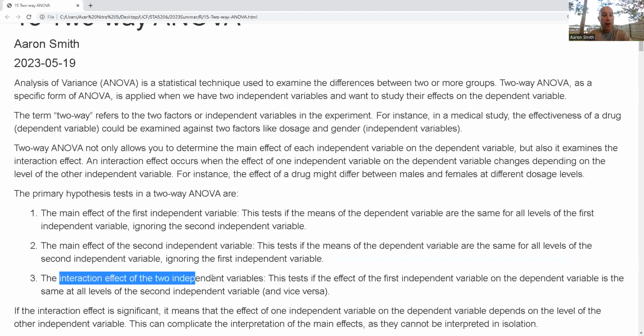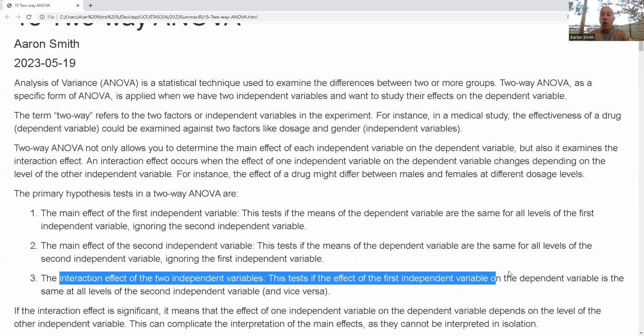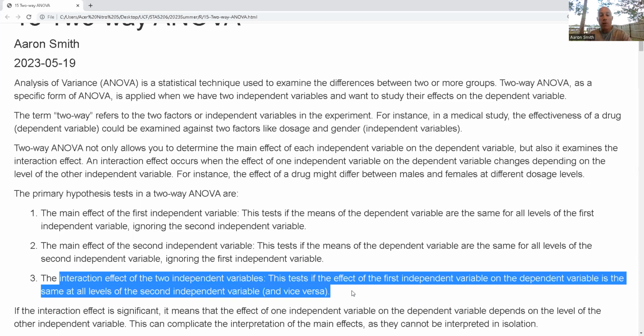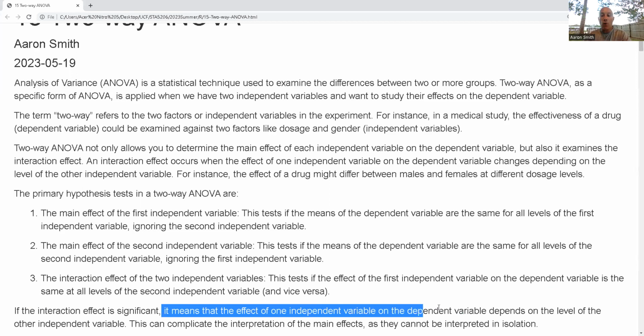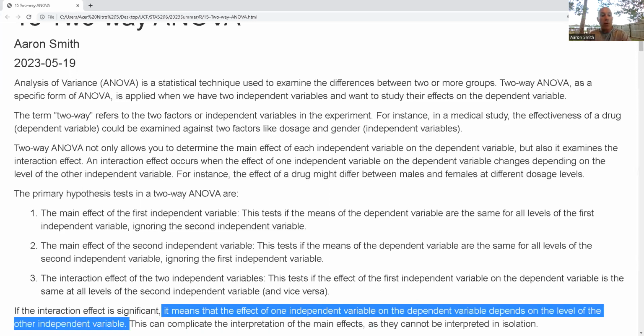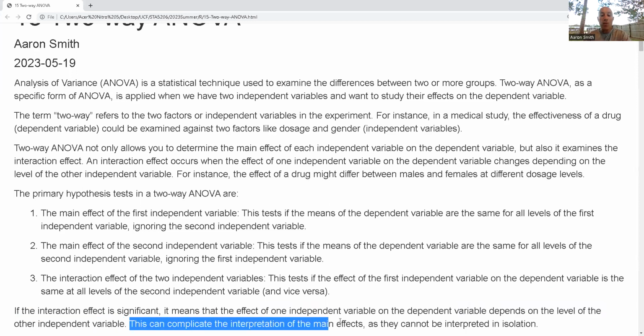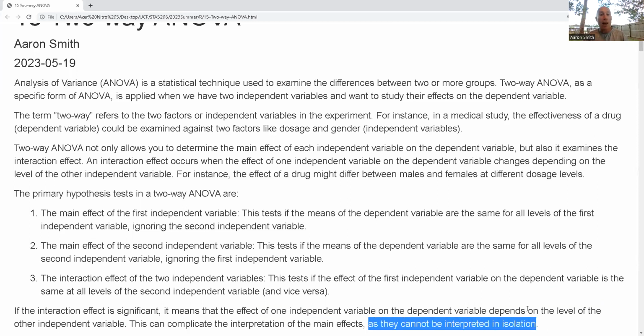The interaction effect of the two independent variables tests if the effect of the first independent variable on the dependent variable is the same at all levels of the second independent variable, and vice versa. If the interaction effect is significant, it means that the effect of one independent variable on the dependent variable depends on the level of the other independent variable. This can complicate the interpretation of the main effects, as they cannot be interpreted in isolation.